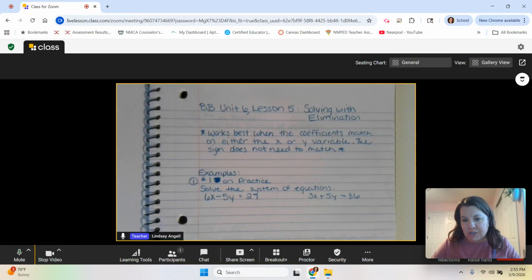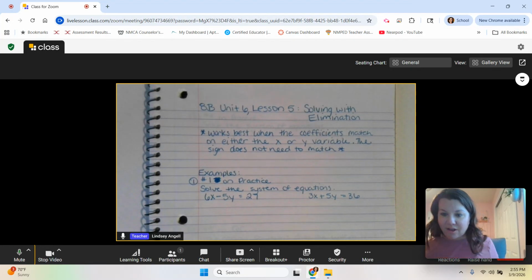Through elimination, we're going to either add or subtract the equations together, and that will eliminate one of the variables. It'll get rid of it, and then we'll be able to see what the other one equals, and then we can plug them back in. So let's go ahead and figure this out.